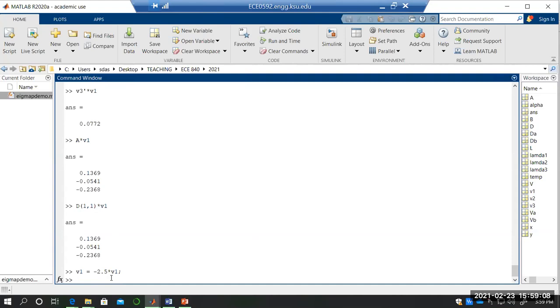What's the length of V1 now? It's 2.5, right? But A star V1 is this, and lambda 1 star V1 is this. So again, it satisfies the property A V1 equals lambda 1 V1, right? So V1 is merely a direction. And by convention, we choose all the eigenvectors to be unit vectors. Okay?